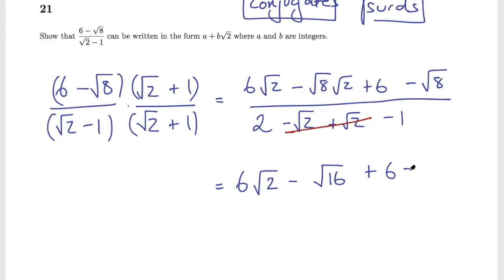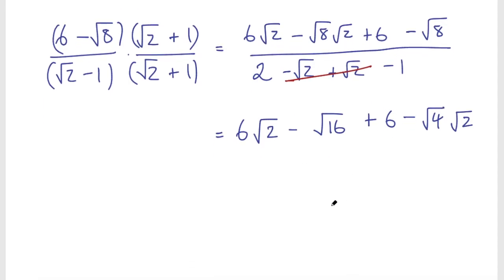So we can split it into the square root of 4 times the square root of 2. Okay, so then we end up with 6 square root 2 minus the square root of 16 is 4, plus 6 minus square root of 4 is 2 root 2.